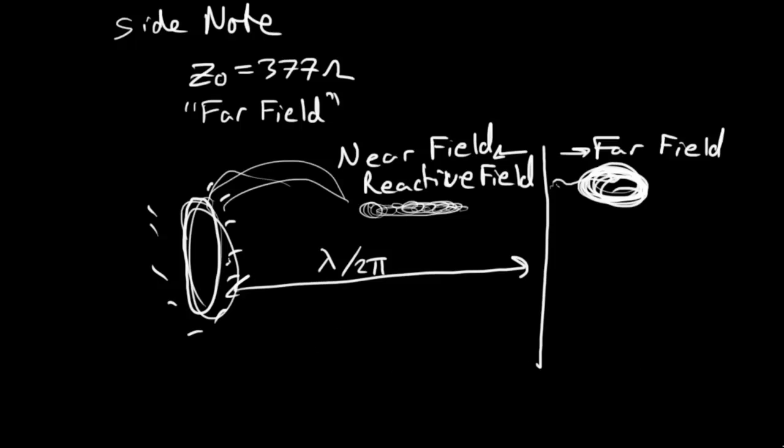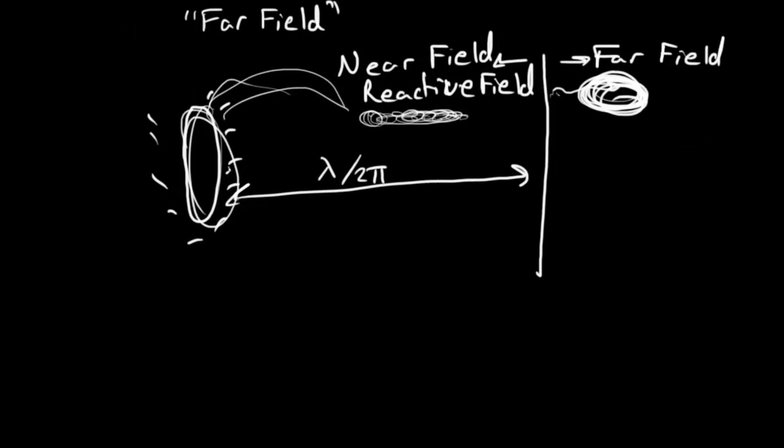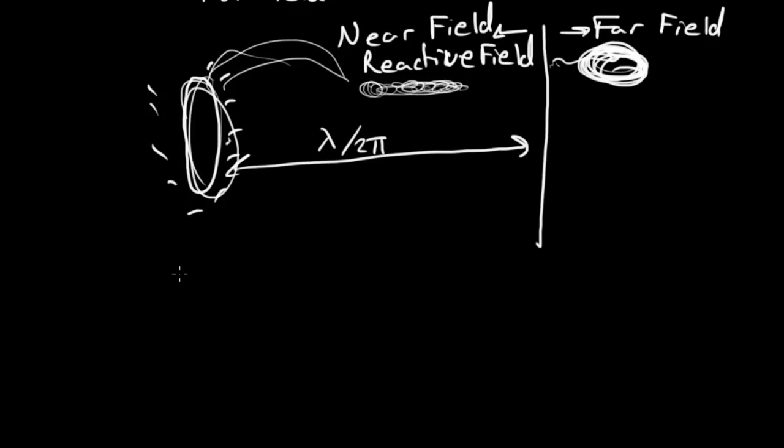Let's see where I am in terms of whether I'm in the near field or far field. So in my case, I'm dealing with 1920 megahertz. And we know that the speed of light in a medium, and in this case it's free space, equals the frequency times lambda, okay? We want to find lambda.